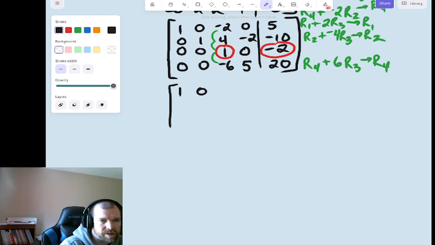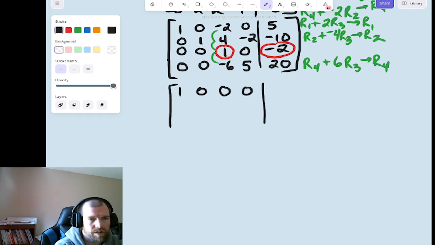We said this is going to be twice row 3. Add to -2 becomes 0. And again, our 4th column here doesn't have anything in it, so that's not going to change. It's also a 0. And last column, our augmented column, is a -2 times 2. Yep, it's going to be -4 plus 5 is going to be 1.